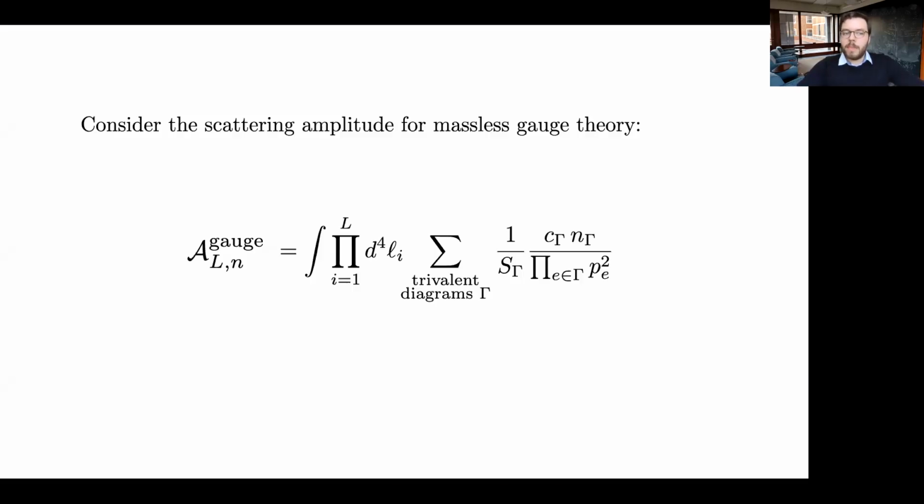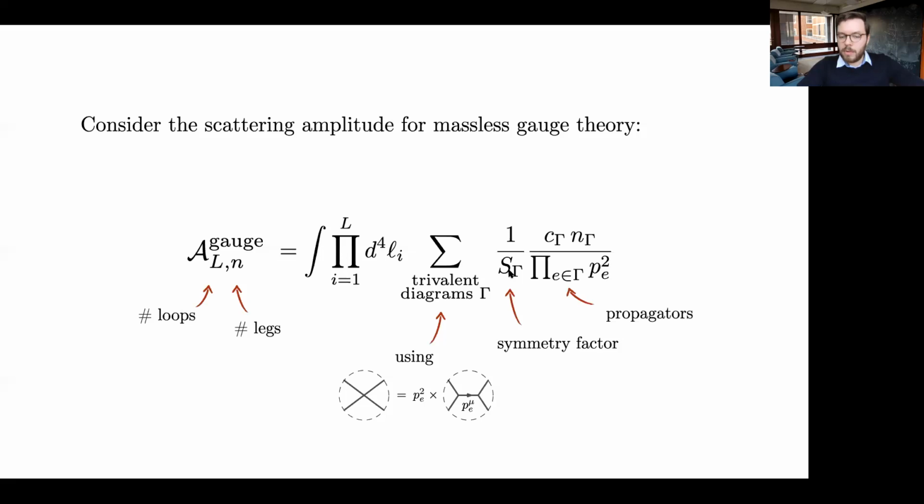So let me start by very quickly reminding you what color kinematics duality is. Let me consider a scattering amplitude in a massless gauge theory. Here the notation is that L denotes the number of loops and N is the number of external legs. Let me organize the loop integrand as a sum over trivalent Feynman diagrams gamma, and this can always be done in this trivial way by rewriting contact terms in terms of trivalent ones.